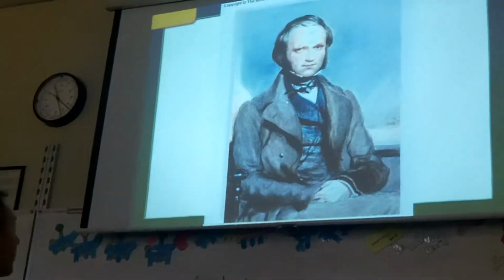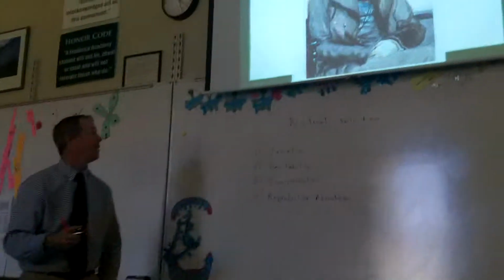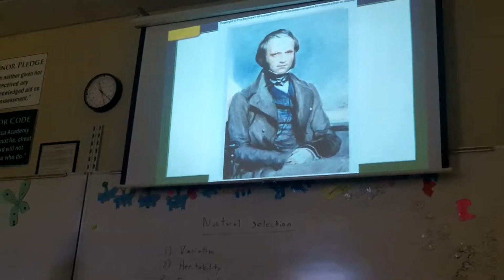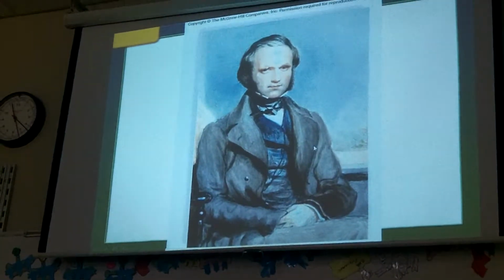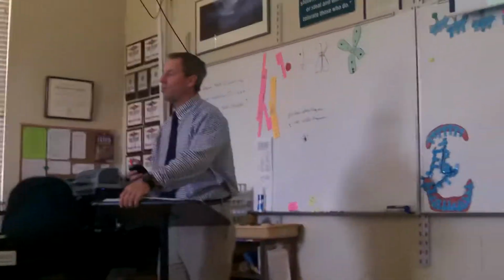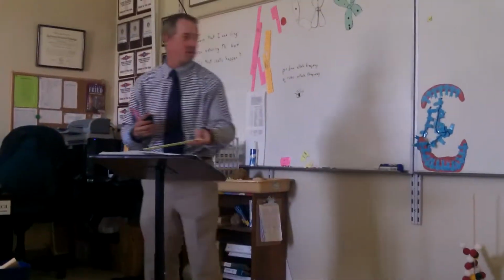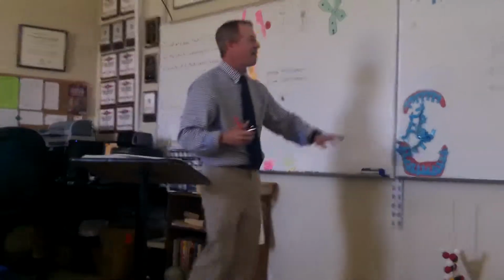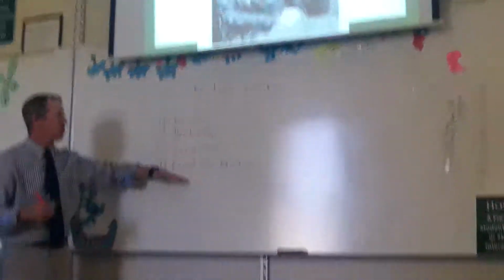Okay. All right. So this guy is Charles Darwin, and he is a famous naturalist who came up with this theory of natural selection, which I have outlined on the board here, and we're going to talk about this.